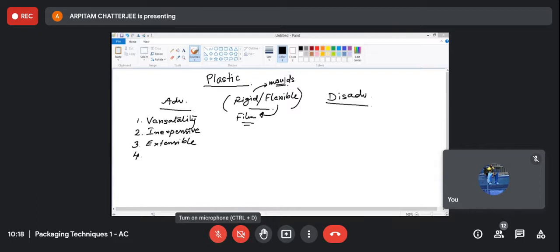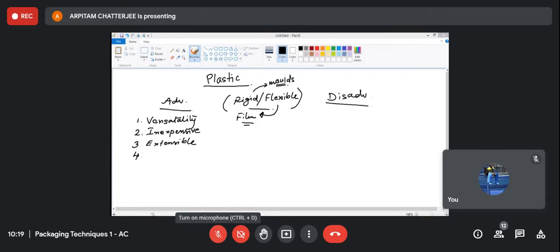Or you will see in your chemistry labs, if you can remember, for most of the sensitive chemicals, we generally prefer to use glass instead of plastic. The reason is glass is very rigid. It is not that reactive, but plastic is a very reactive and sensitive material. We may not find it that important.